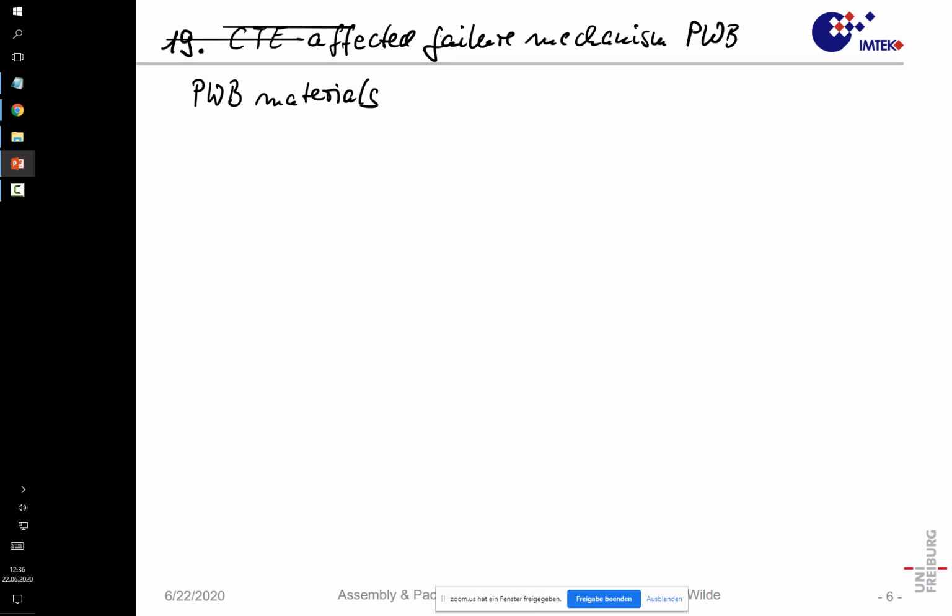Can you give me a hint? Yeah, but what does it consist of, this printed wiring board? No. We are talking about printed wiring board or printed circuit board, as it is often named, FR4.